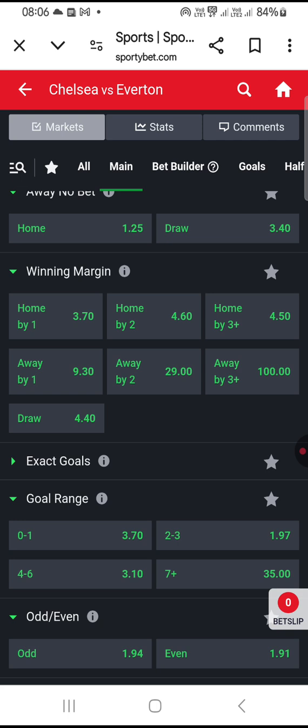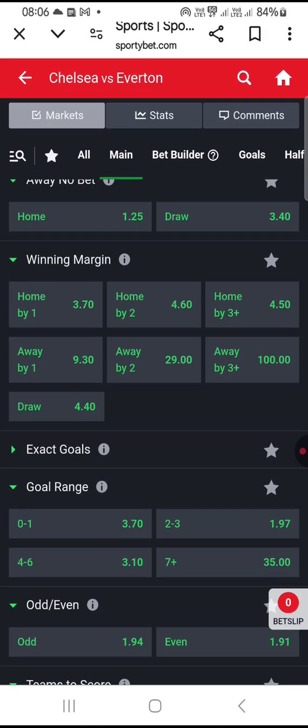So now, what does it mean? Home by one, home by two, home by three plus. What it means there is the range. But specifically, it means that the home team will win by one, meaning that if Chelsea scores one and Everton scores zero, you have won the game.